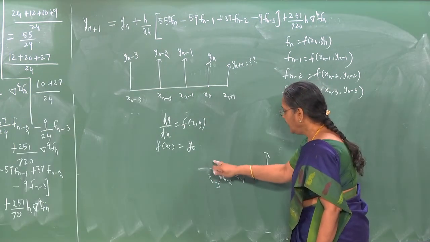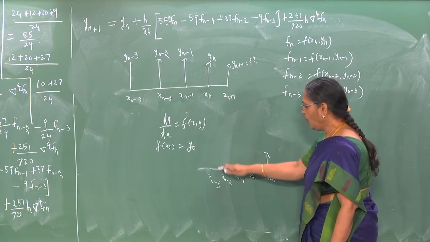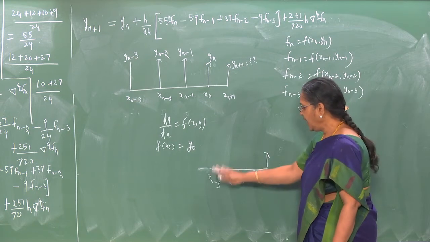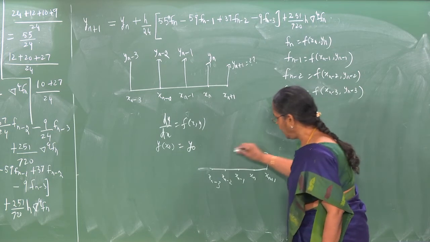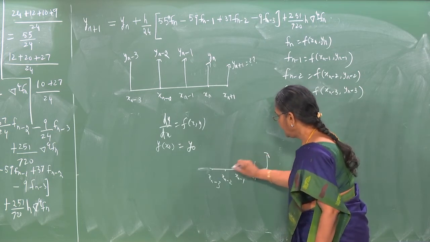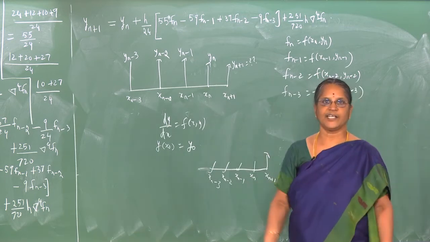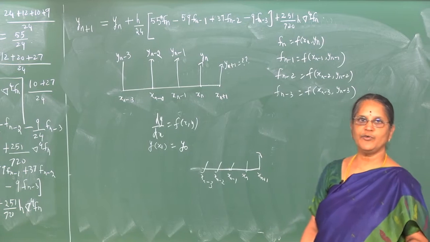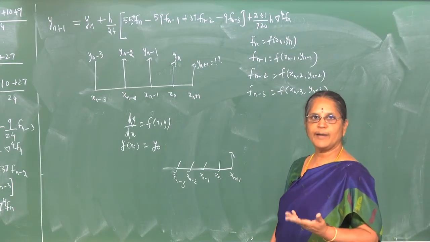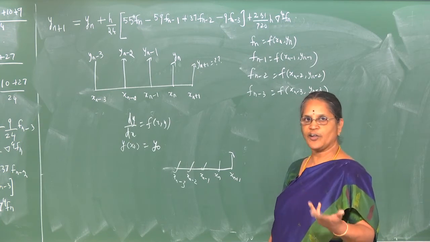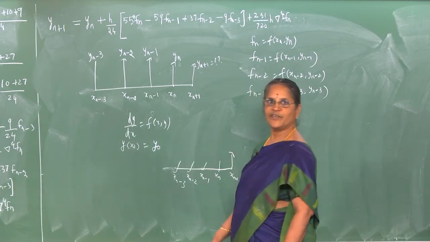Divide the interval x naught to xn plus 1 into 4 equal parts and name those points as xi, and then try to obtain the solution at other 3 points using single step methods which you have already learnt. Namely, you can use Euler's method or Taylor's series method or Runge-Kutta method of order 2 or order 4 and compute the solution at the points at which you require the information.